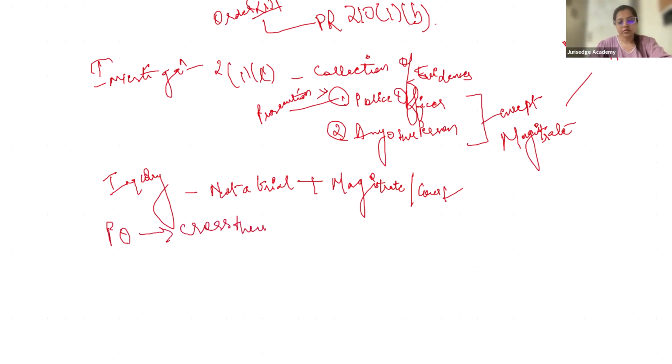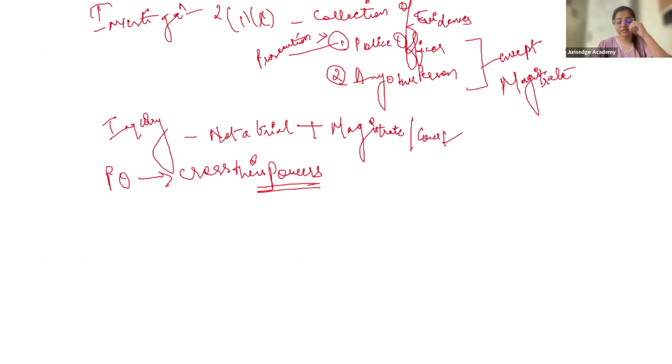This was the practice even before the partition. The 1974 CRPC was adopted from, and was a replica of, the old CRPC, I think 1864 or 1874, which was before partition. No need to remember the year.